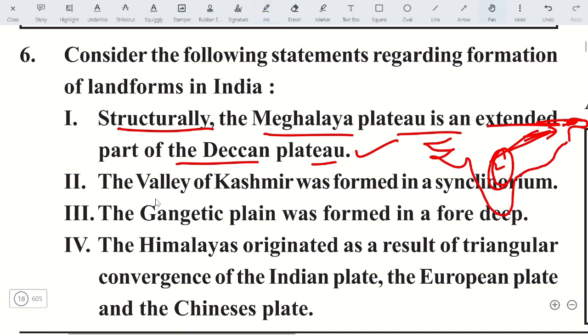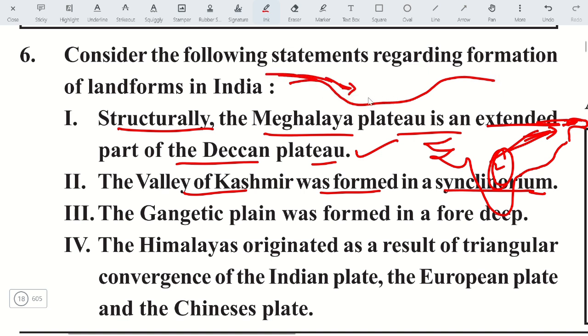Let's see the second statement. The valley of Kashmir was formed in a synclinorium. Yes, it is also correct. What is a synclinorium? If rivers deposit their sediments here, and other rivers coming from here also deposit their sediments here, this is called a synclinorium. The other statement is that the Gangetic plain was formed in a foredeep.